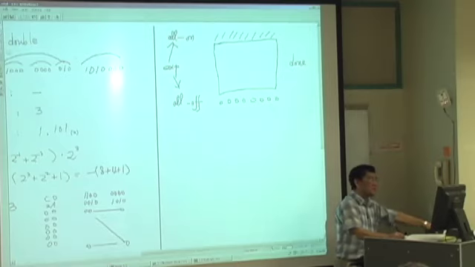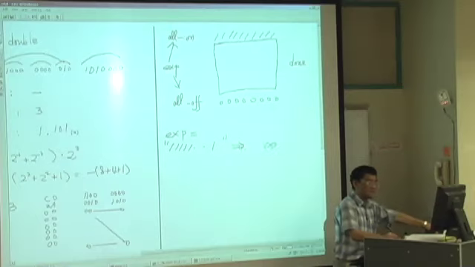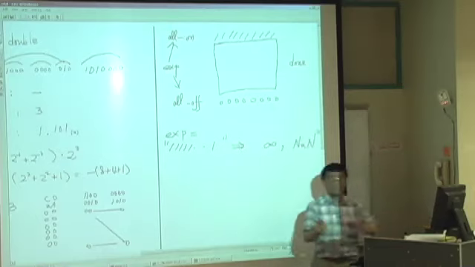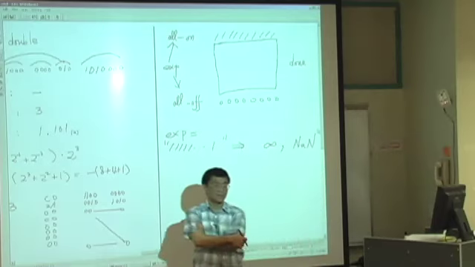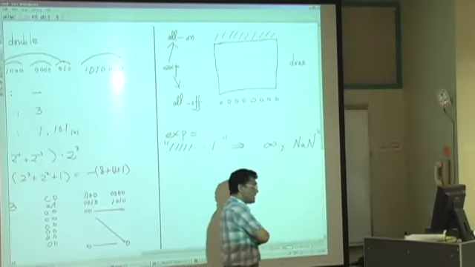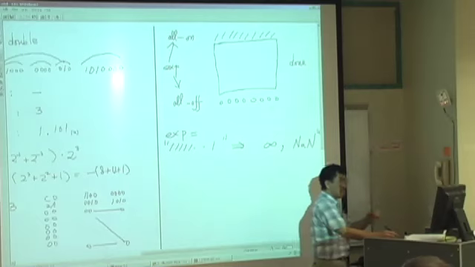This represents infinity or not a number. Then when is it infinity and when is it not a number? Simple.